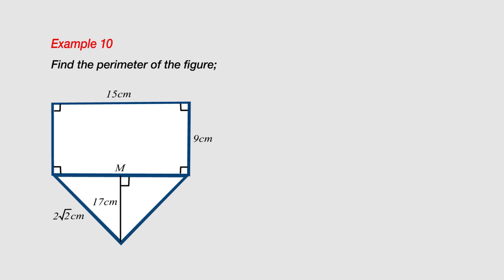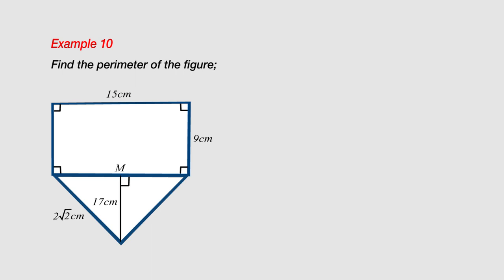We call them composite figures. Now, in this case, the figure is made up of a rectangle and a triangle. The perimeter gives the total distance along the borders. But you have to be careful which lengths you are adding together.